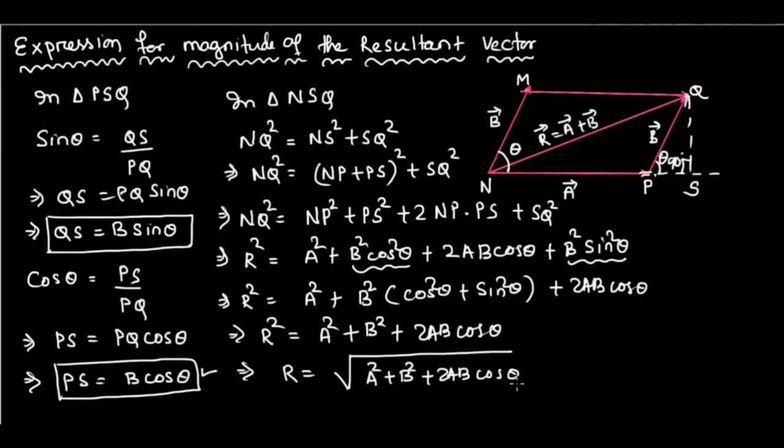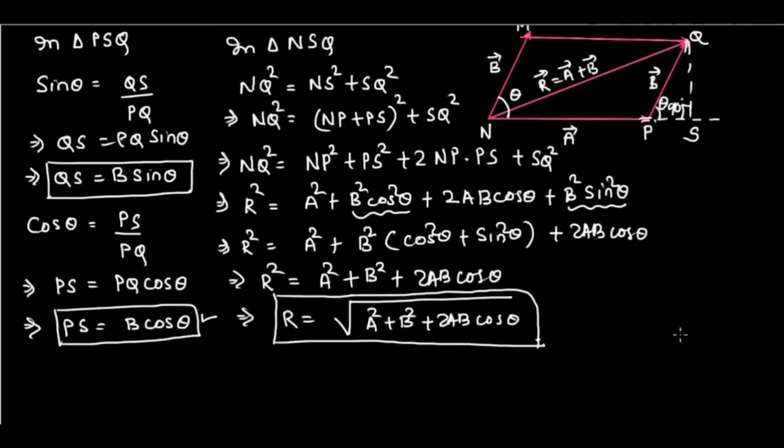So students, you saw that we derived the same expression for the resultant magnitude as with the triangle's law of vector addition. It means whether you add two vectors using the triangle's law or using the parallelogram law, you will get the same result. The magnitude of the resultant vector is given by the square root of A square plus B square plus 2AB cos theta.